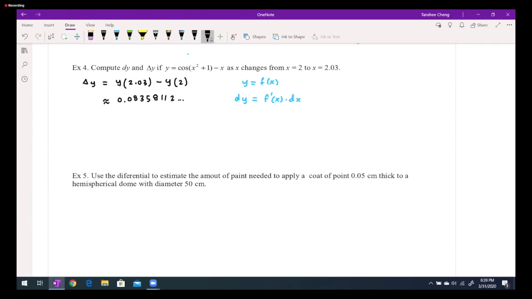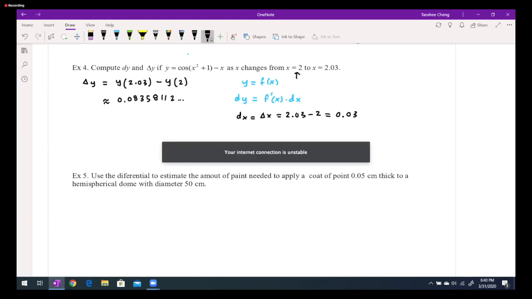Remember that dx is basically the delta x, right? Which in this case is 2.03 minus 2. That gives us the value of 0.03. And now we want to find the differential function, so that I can continue. So where are we centered? Centering at 2. That's what we need to remember.